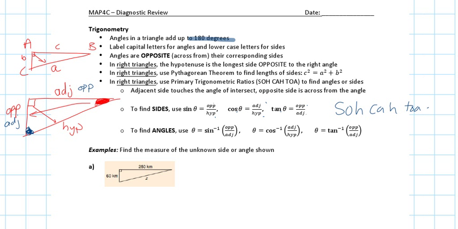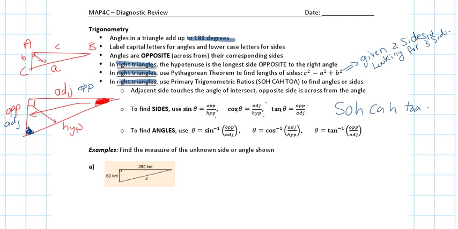Another thing that we can use with right angle triangles, other than the primary trig ratios, is the Pythagorean theorem. Do you guys remember the Pythagorean theorem? The Pythagorean theorem is used if you are given two sides and you're looking for the third, in a right angle triangle again. So all of these scenarios are in a right angle triangle. Okay?